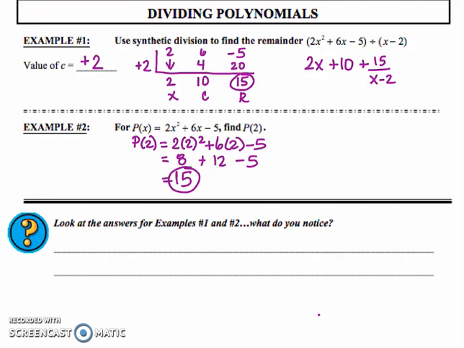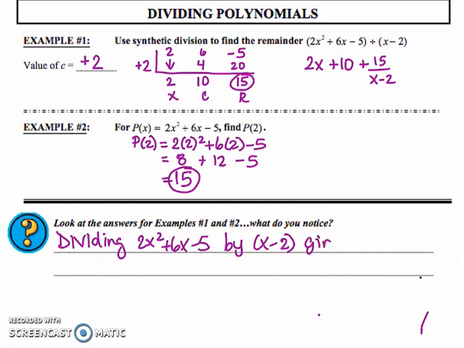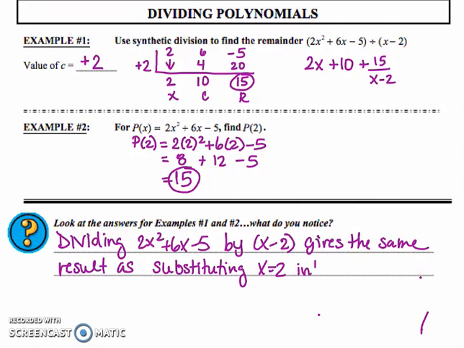So what we notice is that dividing 2x squared plus 6x minus 5 by x minus 2 gives the same result as substituting x equals 2 into the equation. Imagine that.